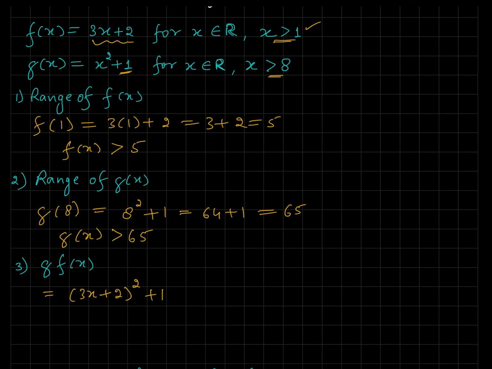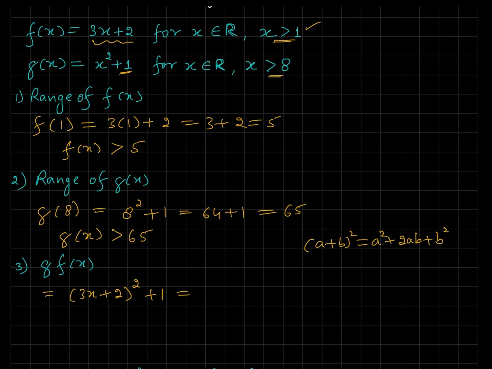We can simply expand it. So (3x + 2) whole square, I am expanding by using the identity (a + b) whole square is a squared plus 2ab plus b squared. Remember this?